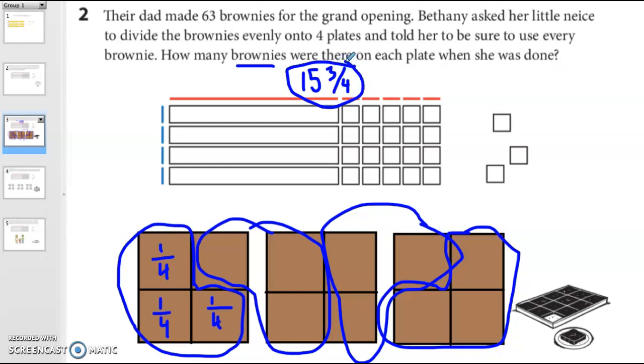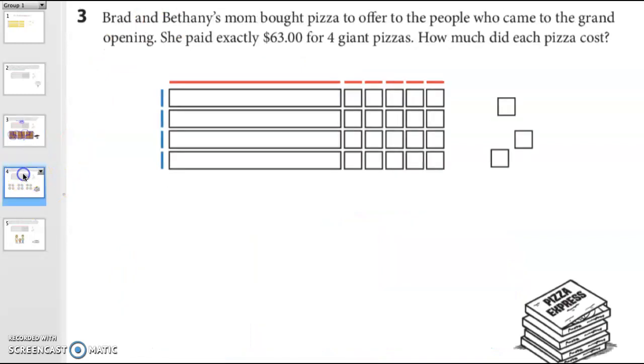All right, we're going to use a similar strategy when we go to the next problem. This says, Brad and Bethany's mom bought pizza to offer to the people who came to the grand opening. She paid exactly $63 for 4 giant pizzas. How much money did each pizza cost?